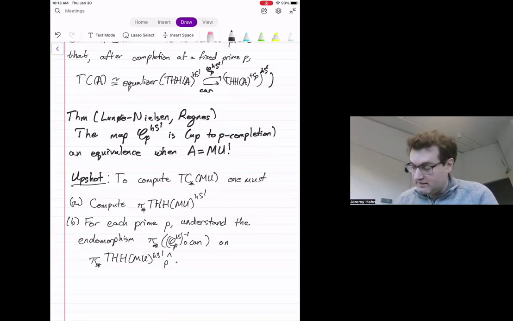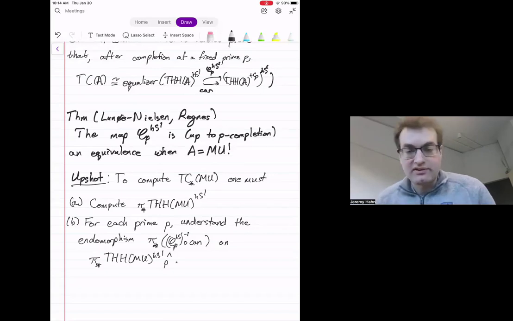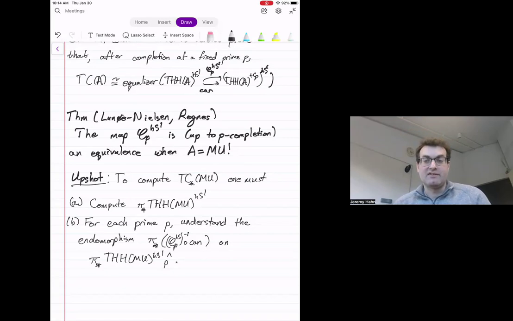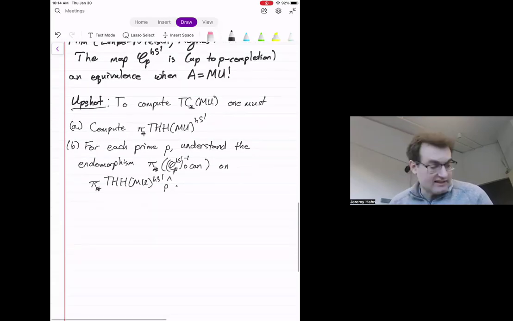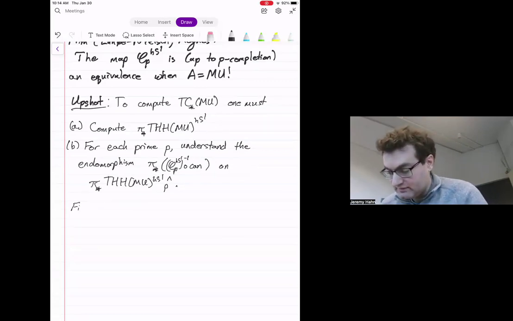Okay, so there's a basic object one has to compute, which is the homotopy groups of these fixed points. And then thanks to this wonderful theorem, the only other data involved in computing TC is, for every prime, an endomorphism of these homotopy fixed points. So my main goal today is to describe how one might compute the first, and then if there's time, I will discuss how to compute these endomorphisms.